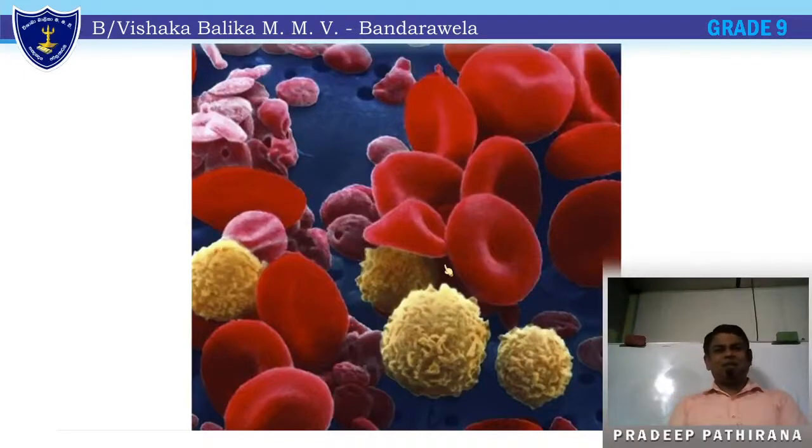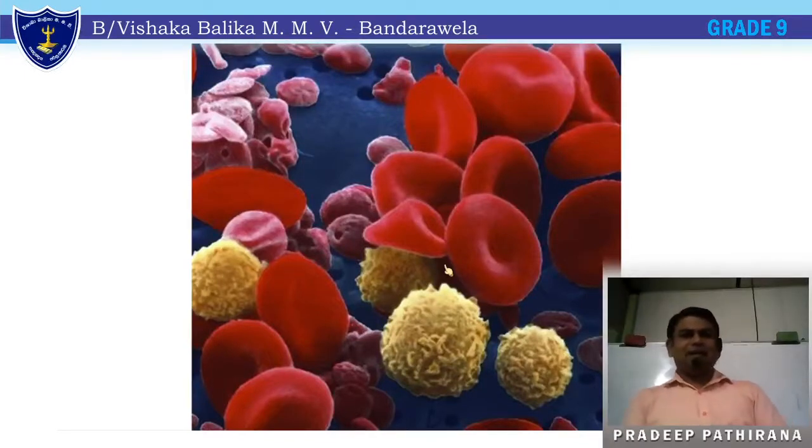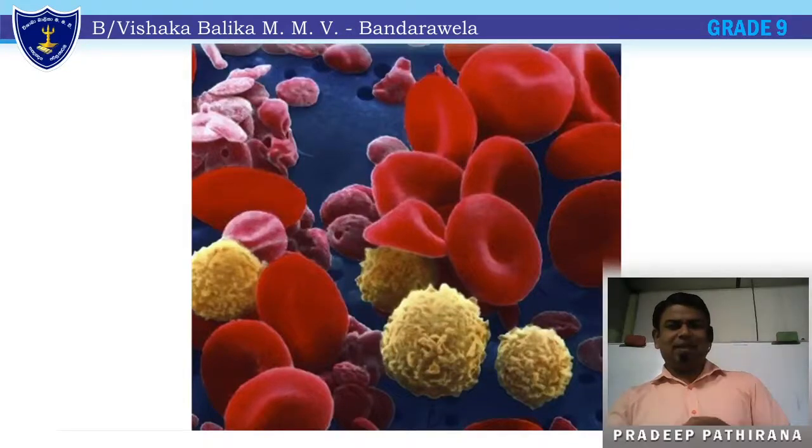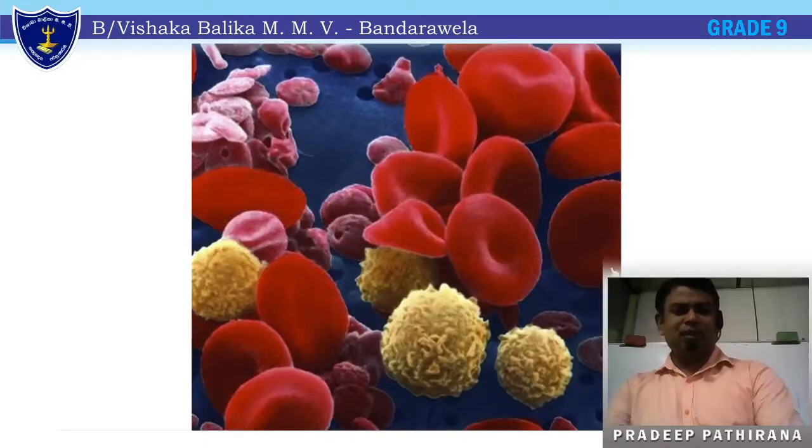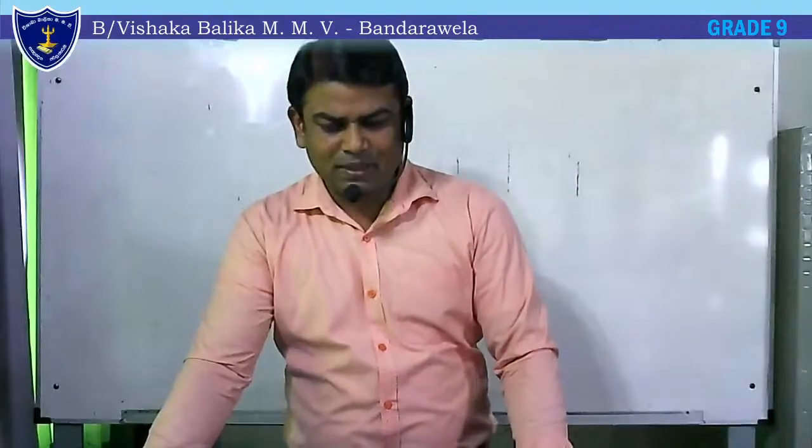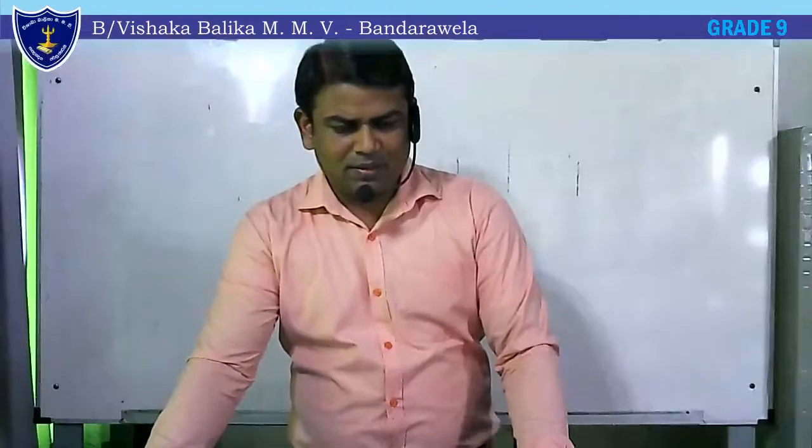Okay, so if you see this image here, you can see the blood components or the blood cells. These are called corpuscles. But this is dissolved in a medium. The medium is the plasma. And I will show you another nice image here. You must wait and see till I load that one.